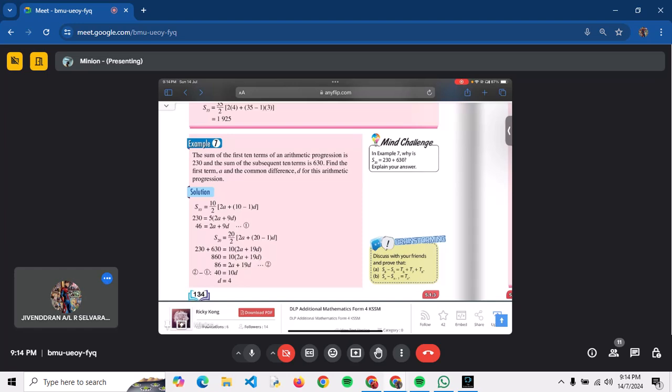And since we know the first 10 terms is 230, we can just add both 630 and 230, and we can get the sum of 20 terms, the first 20 terms.